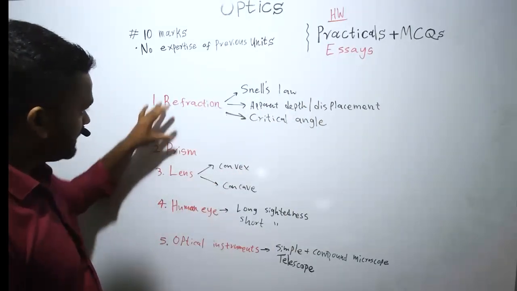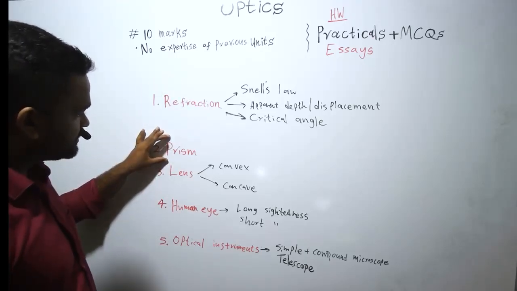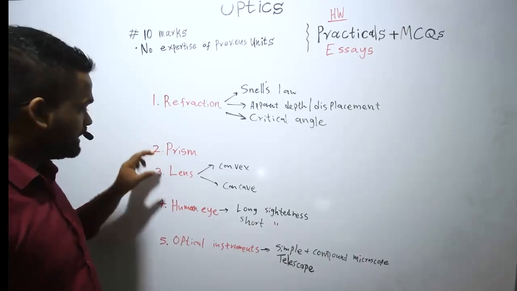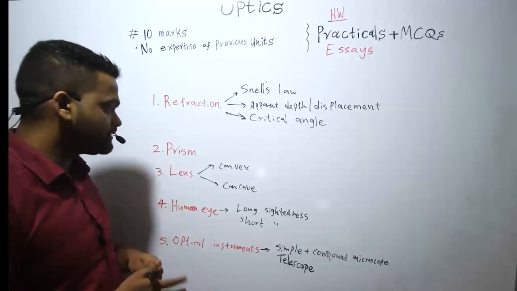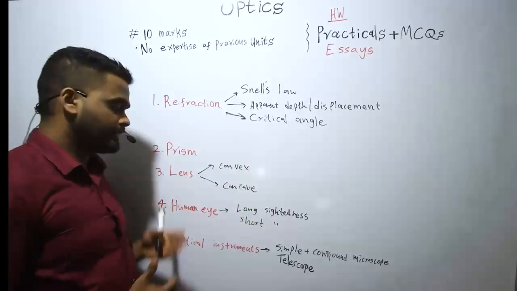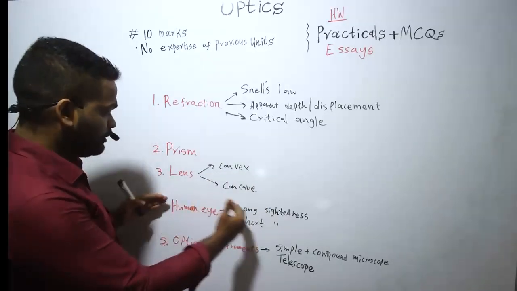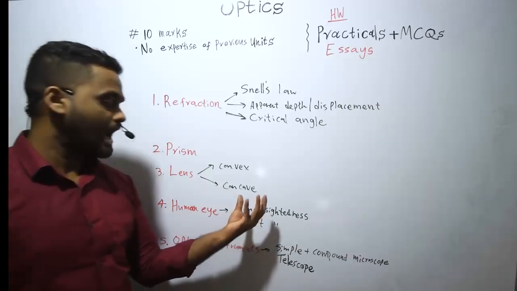Then by applying the methods learned here, you can solve questions regarding prisms. Then regarding lenses, we'll need a lens equation. We are going to apply that for convex and concave lenses. Then the human eye. Basically we are talking about eye defects.